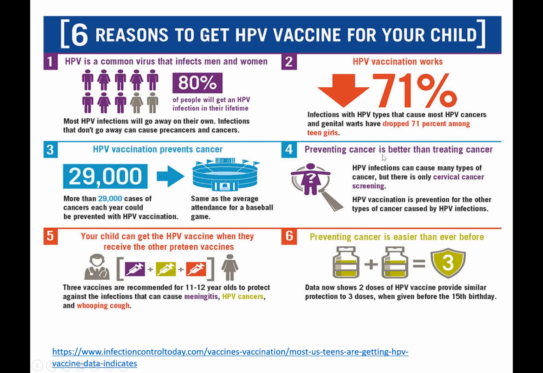Vaccination is effective. So HPV infections have dropped 71% among teen girls, which is cool. Prevents cancer. You only have to get 2 doses, and you can get them at the same time you're getting other vaccinations.